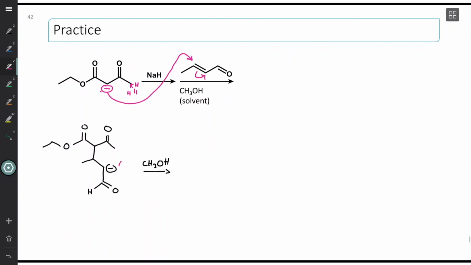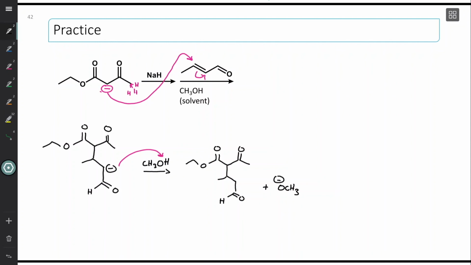So it's going to steal a hydrogen from methanol, become this, right, and form this base. So there's more base present. And that's why now we cannot really stop the next step.